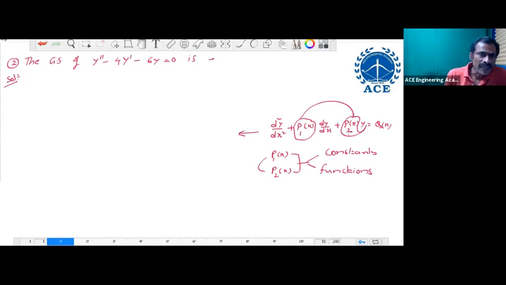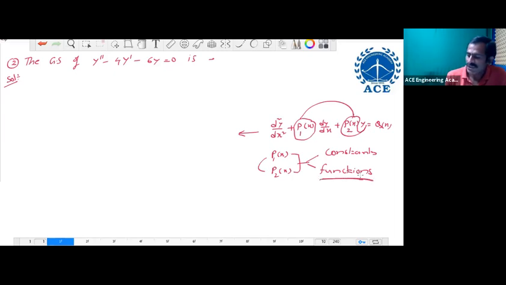If any one of P1, P2 is a function of x, or both are functions of x, then it is called a linear differential equation with variable coefficients.